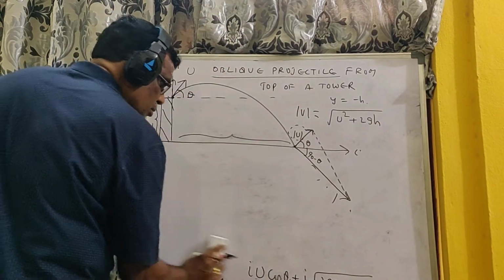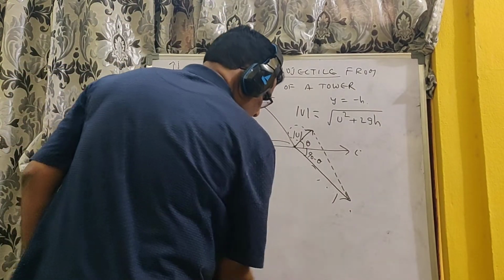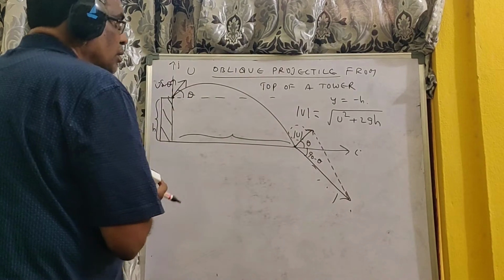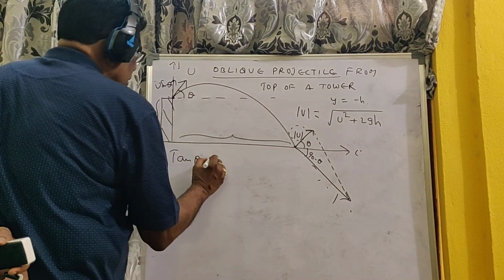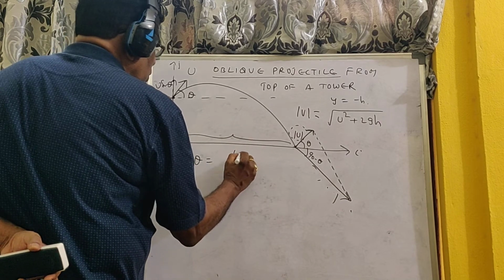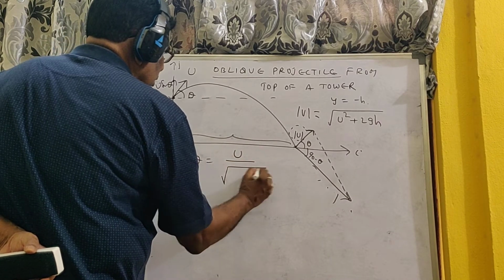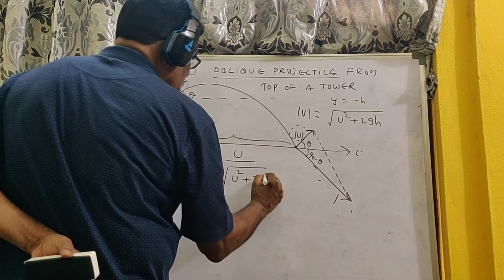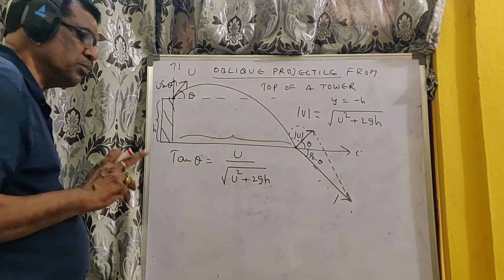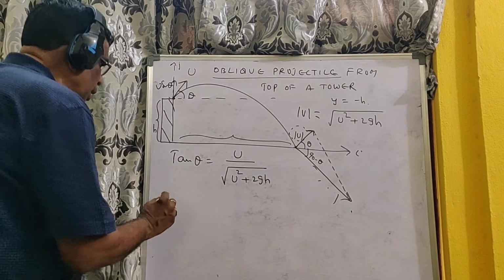Now I will erase this part and write: at what angle should you project? It should be tan theta equal to u by under root of u square plus 2gh. Another very important point.